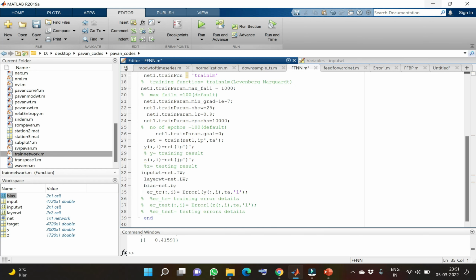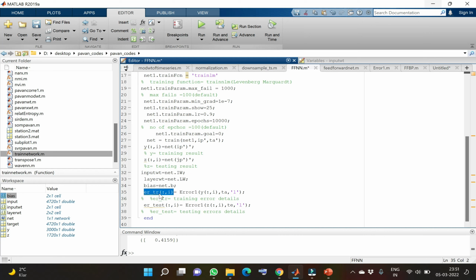We can write these things for both training sets and testing sets. I have directly added it from my previous code instead of writing it again. I'll be explaining how each thing works. Here error1 is the name I am saving with initially.